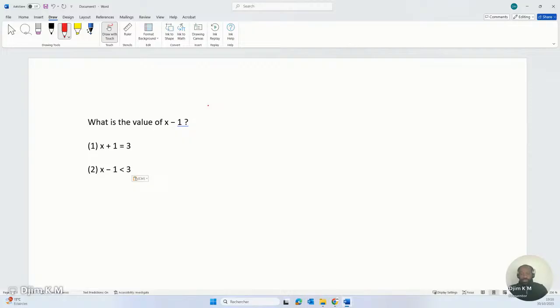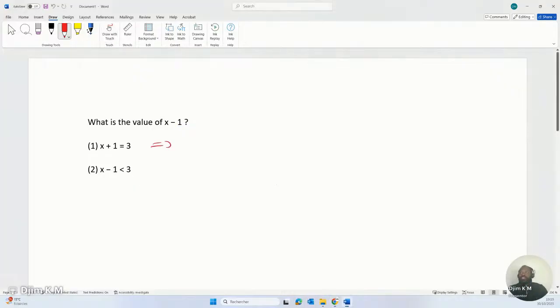What is the value of x minus 1? So this is pretty straightforward. We need to find the value of x.